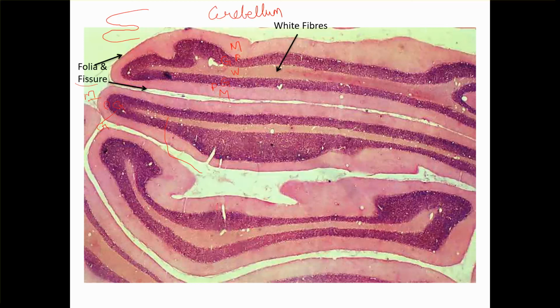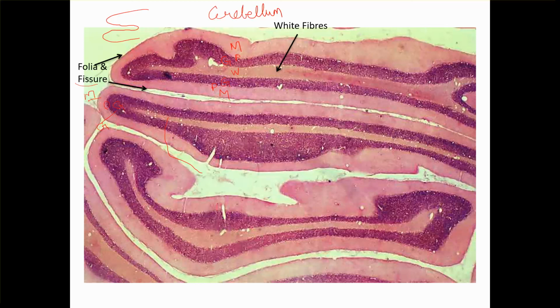So what do you know about the white fibers? They form the central core, and they have a characteristic tree-like pattern called arbor vitae.